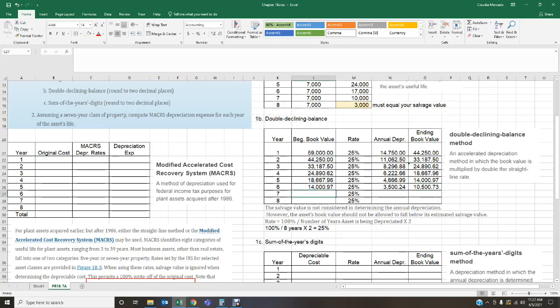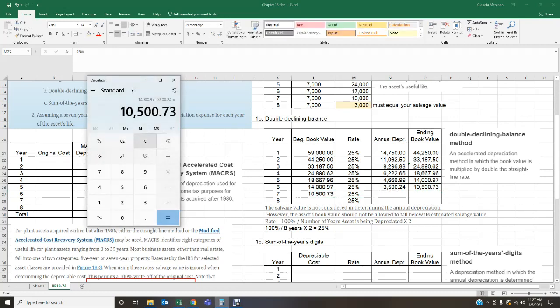You bring that down, okay, and you multiply it. 10,500.73 times 25%, that gives you 2,625.182. That third digit is only a 2, so I'm going to keep it as is, as 2625.18.